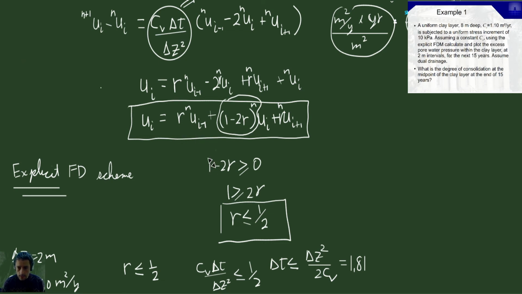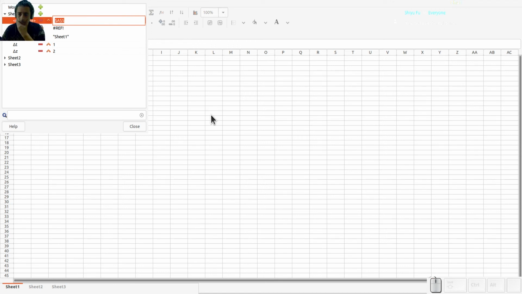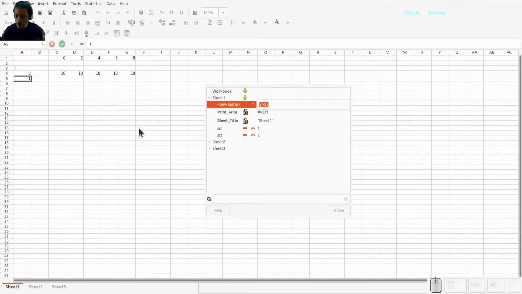Let's set up here for this sheet. Let's add a new variable, call it delta t, and let's say that it's equal to 1 year. We're just defining variables here.